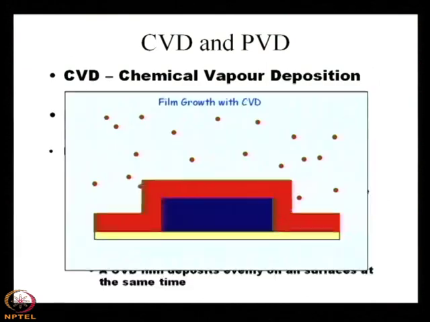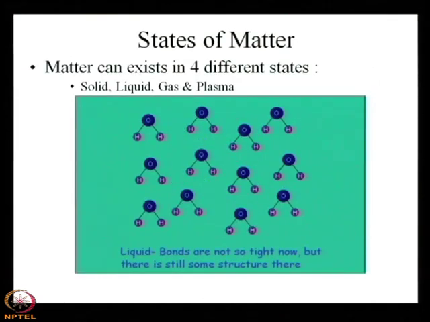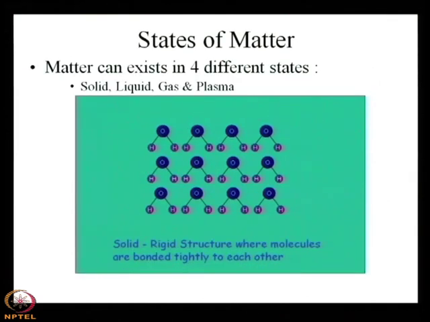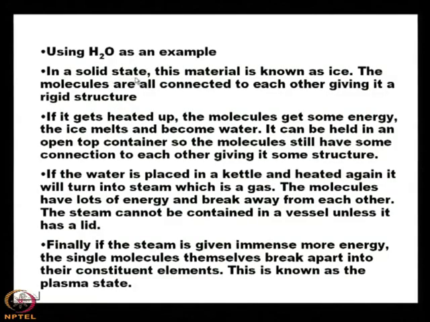So, you see that the states of matter can exist in 4 different states. One is solid, then liquid, gas and plasma. In this diagram, we have taken the help of the water molecule. In the solid state, this material is known as ice.